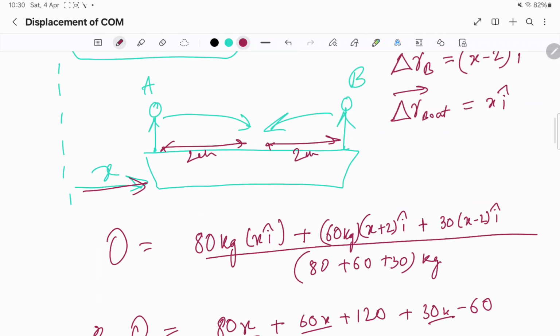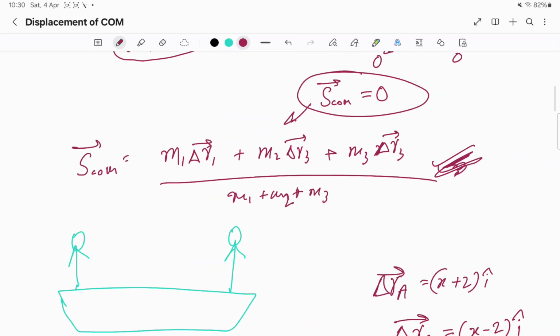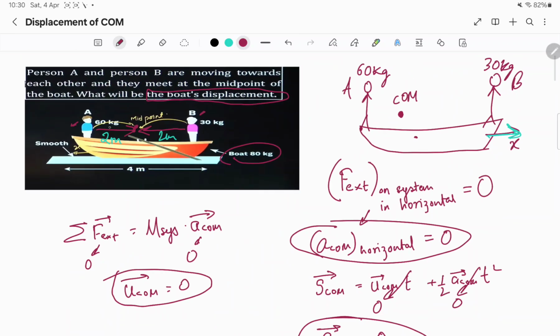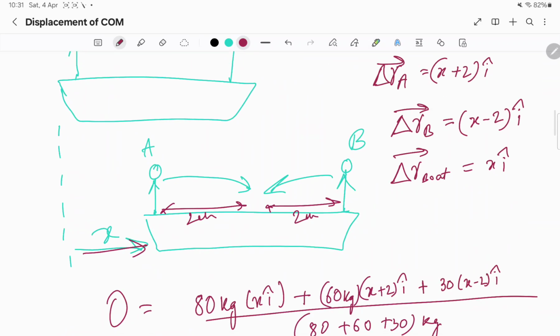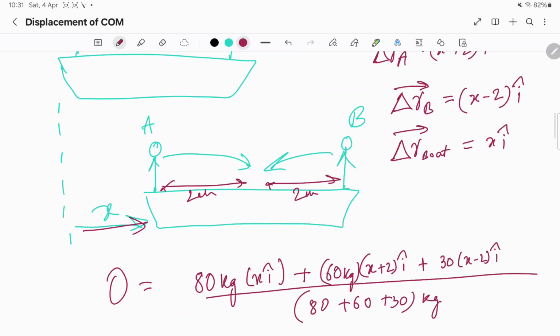So let me first check the calculations. Yes, person A is 60 kg, person B is 30 kg. So x plus 2 for A, x minus 2 i cap for B, because B is moving 2 meters to the left side of the boat. The displacement of the boat is x i cap.